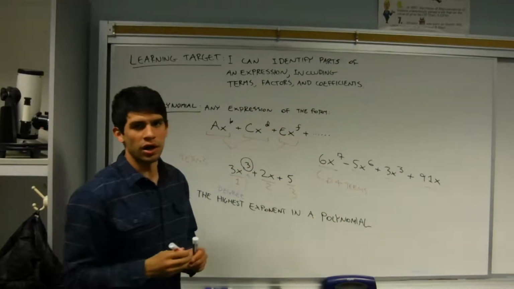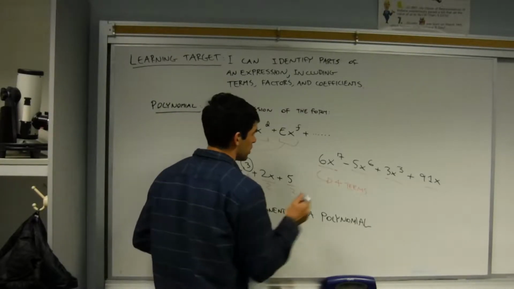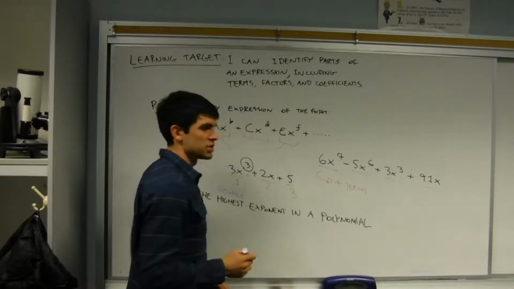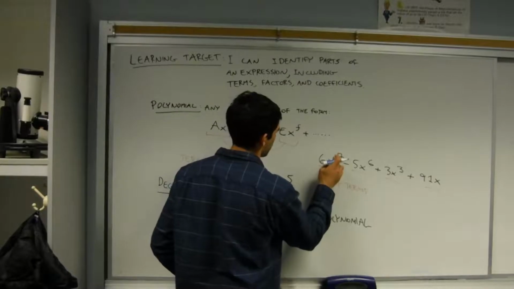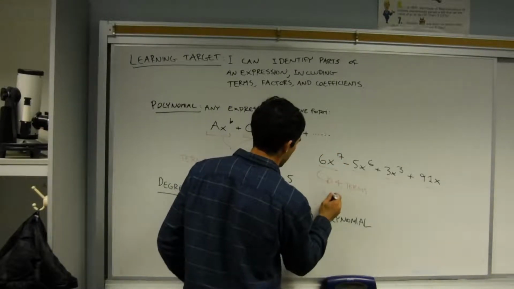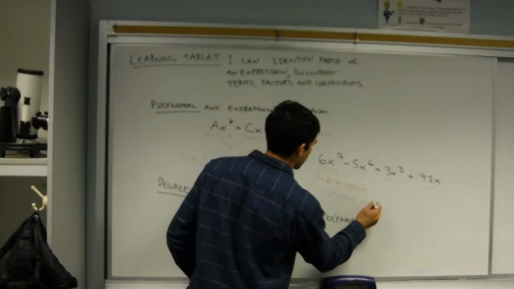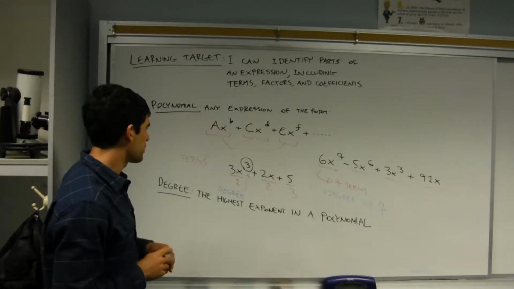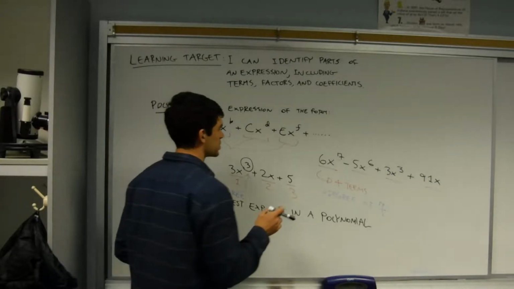And now let's see, what are our exponents? We have 7, 6, 3, and 1. We just look at which of the exponents is the highest. If you look, you'll see that 7 happens to be the highest. So we would have a degree of 7.